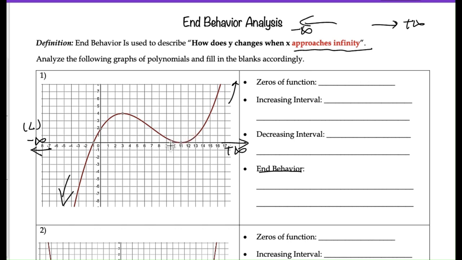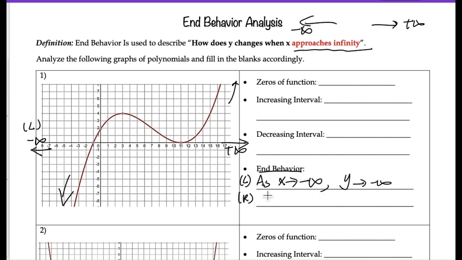So we describe two sentences. As x approaches negative infinity, the left side of the graph, y goes down. And as x approaches positive infinity, the right side of the graph, y goes up. Then how do we translate this into math language? Here, left side, let me put a little L here: as x approaches negative infinity, as we can see, y goes down, so y approaches negative infinity.